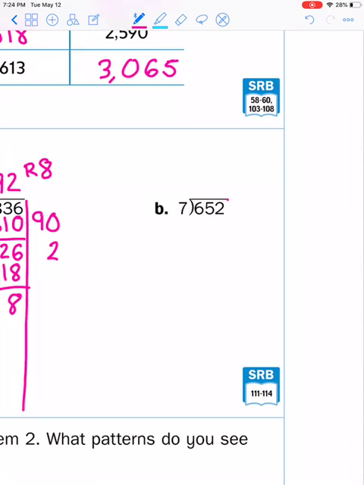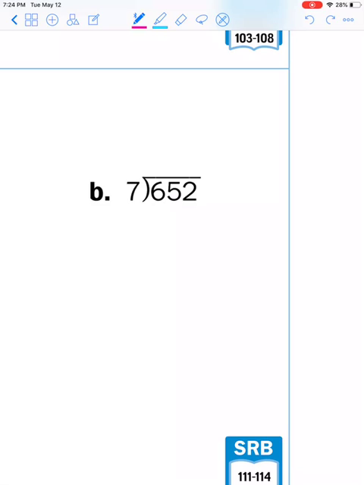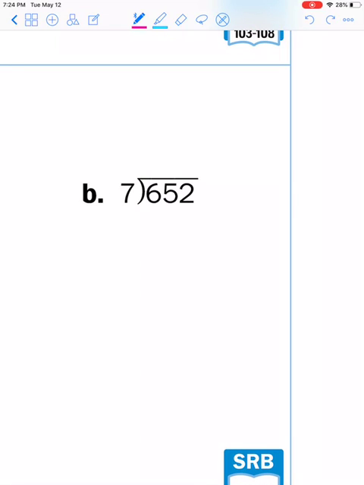Okay, let's do B, but we're going to use traditional division. Does 7 go into 6? No, because 7 is too big. So now you have to go to the next place value, which would make this number 65.